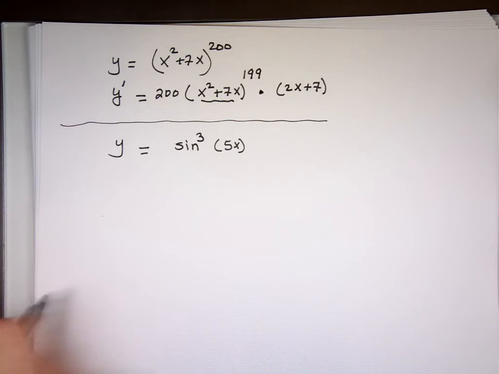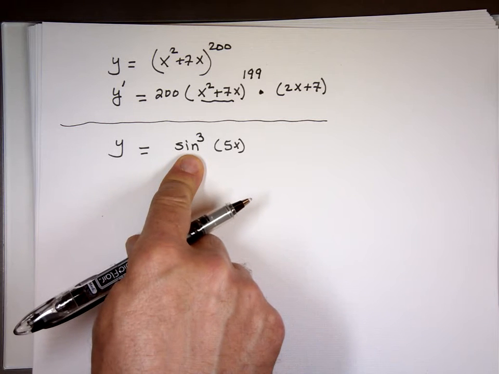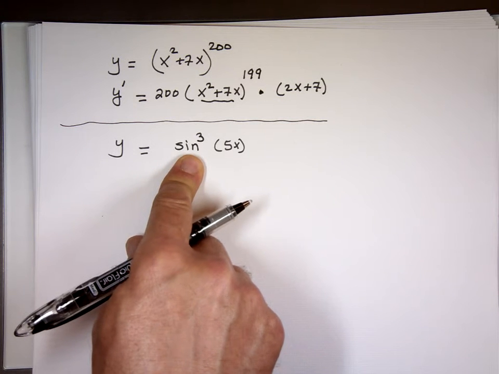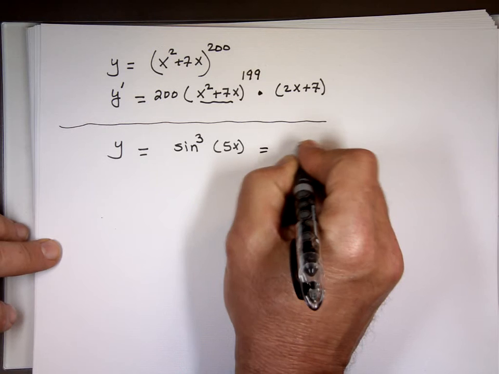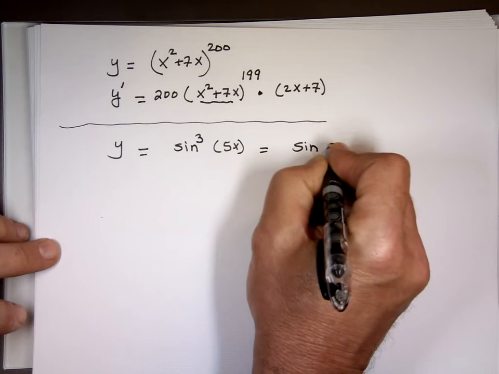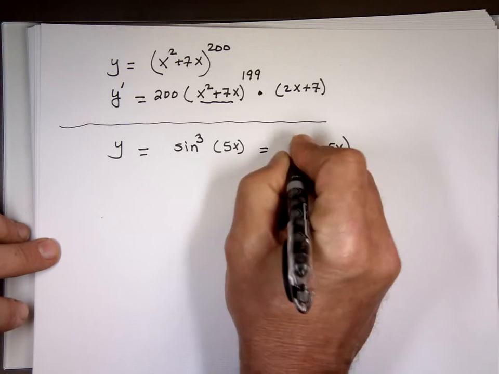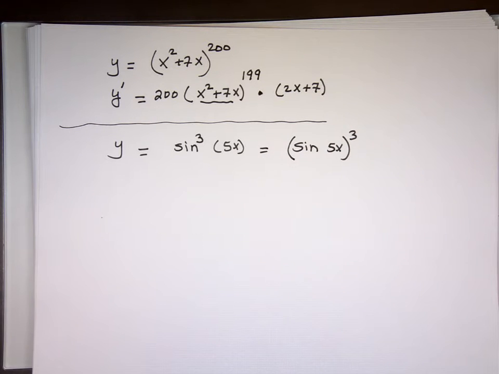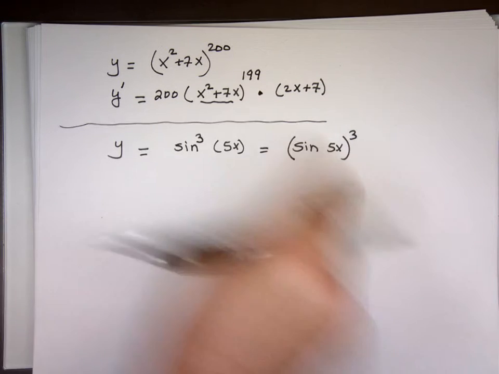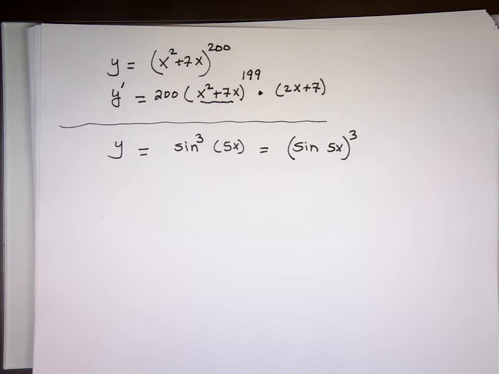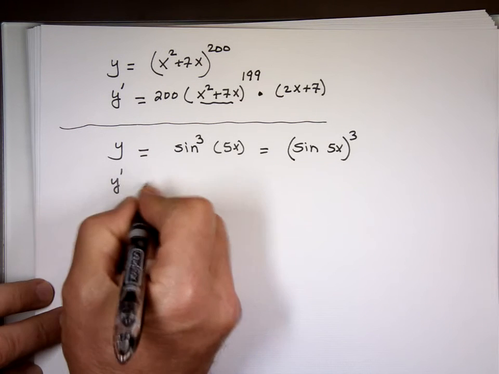Well, what does that mean when you look at it? It's sine 5x to what power? 3, right? I can use that rule there. The power is different than 1. What's the derivative? Move the power to the front.